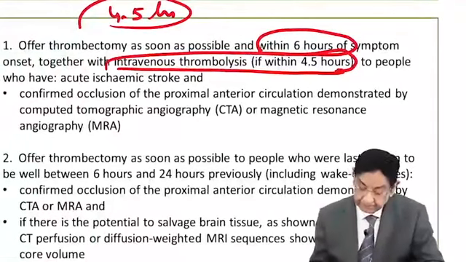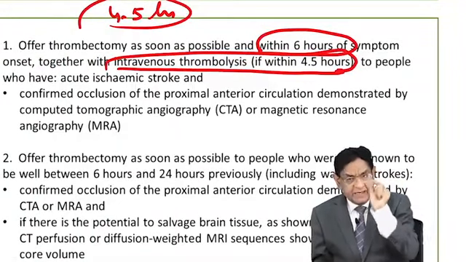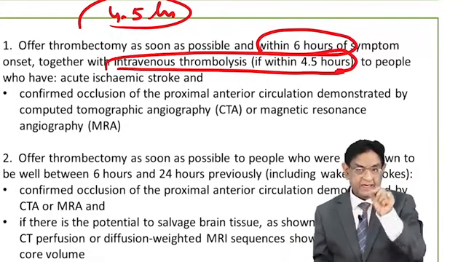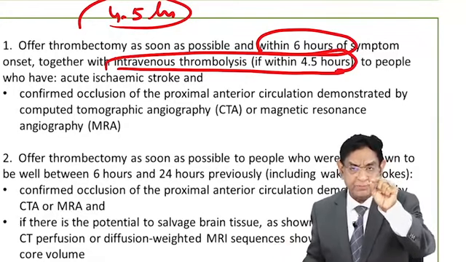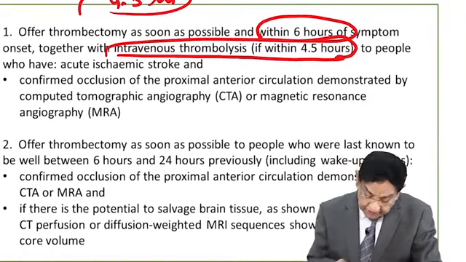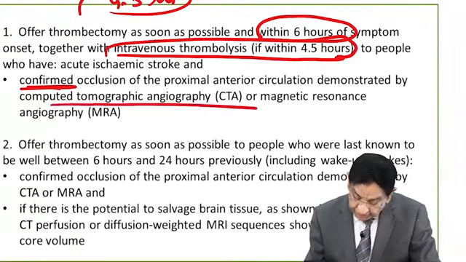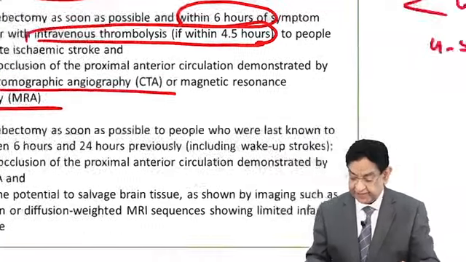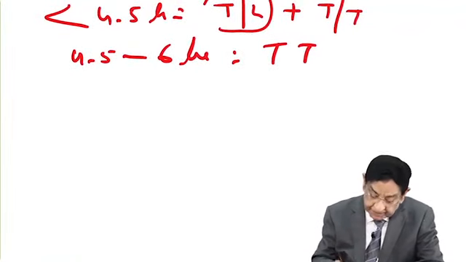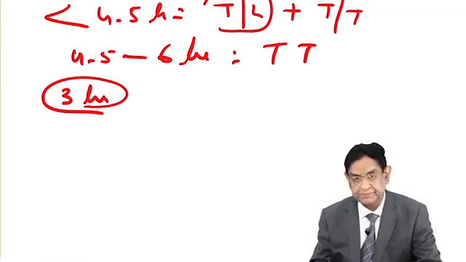Right, sir. But will you do it like this? No way. We have done a non-contrast CT scan, and it is normal. There is no bleeding. Now you plan to go for thrombectomy. Will you go straight away? No way. You have to confirm by CT angiography or MR angiography. Let's come back. Let us say the patient has come to me after 3 hours of stroke.